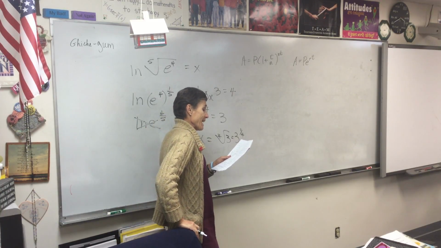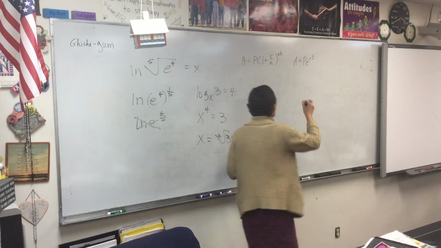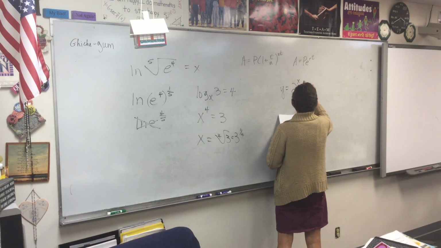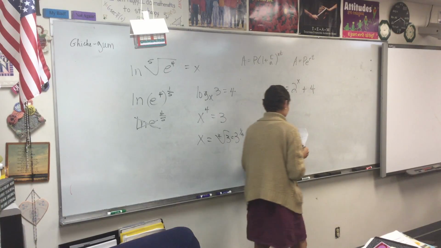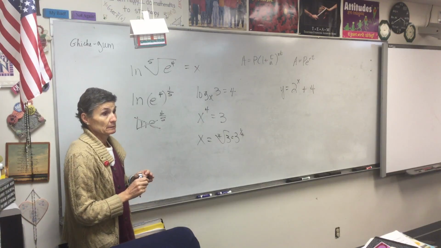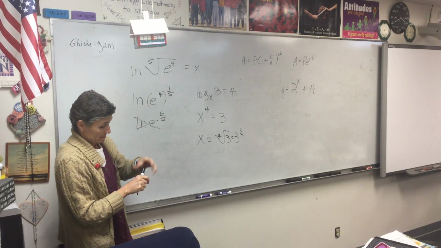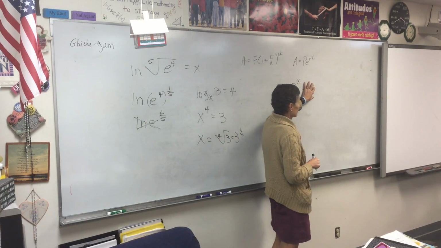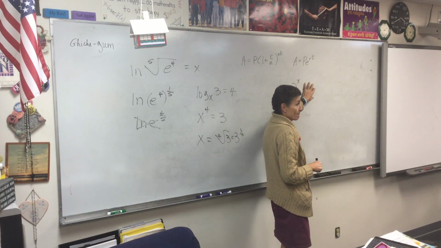Write the equation of the asymptote of y equals 2 to the x plus 4, and state the range. Okay, well forget the plus 4 for a moment. What does y equals 2 to the x look like?